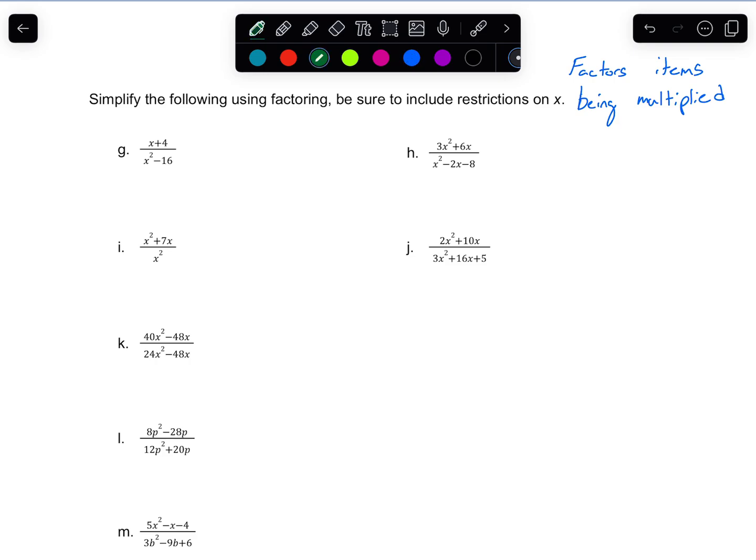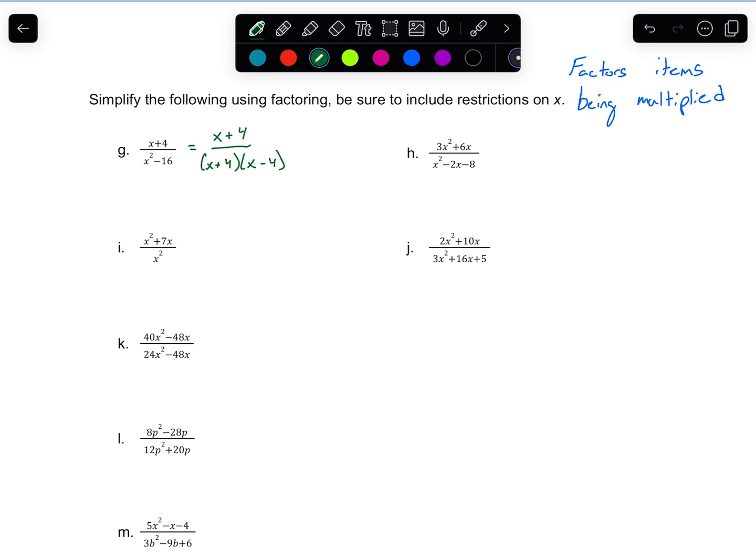Okay, so as we look at G, looking at our numerator in G, we have x plus 4. We can't factor that. It's a linear binomial. Neither of these have a greatest common factor. So I'm going to look in the denominator at x squared minus 16 and look to see if I can factor that. I don't have a greatest common factor between these two. However, I have a difference of squares here, which I can factor: x squared minus 16 is x plus 4 times x minus 4.